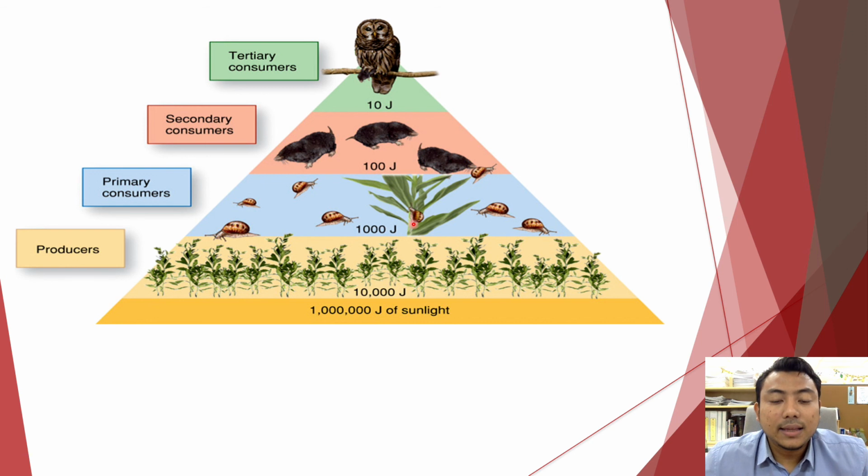Okay, and then from this snail, only 100 able being passed to this platypus or beaver. So next daripada 100 ni only 10 joule is able to be passed to this owl. So sangat sikit, lepas sampai makan owl dah tak dapat banyak tenaga tu.